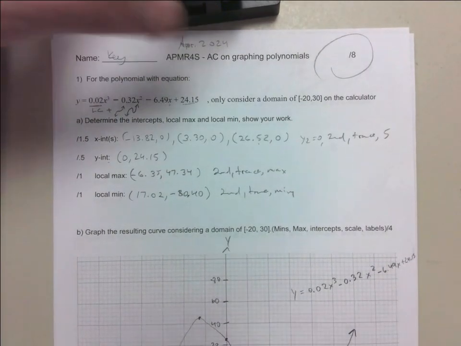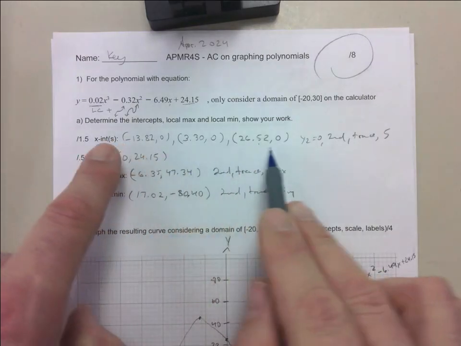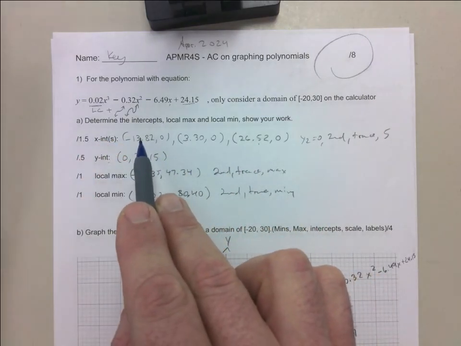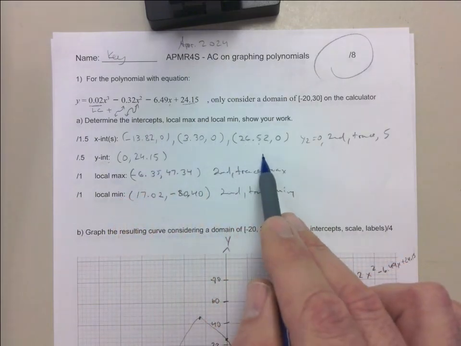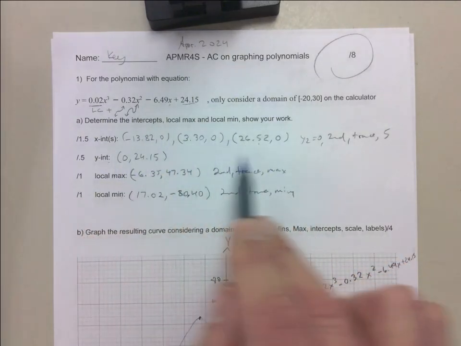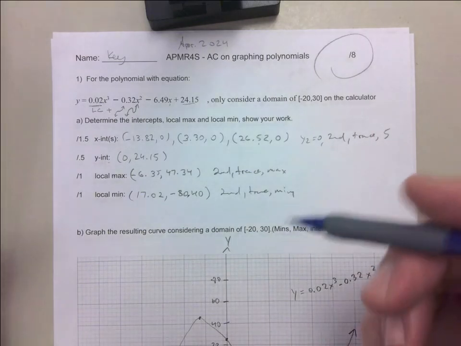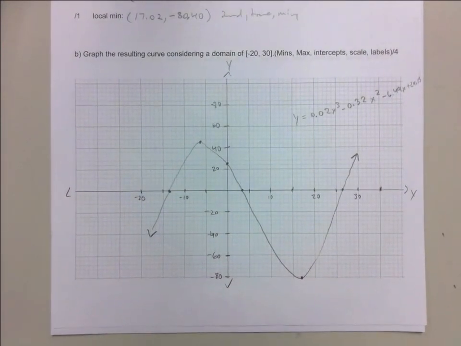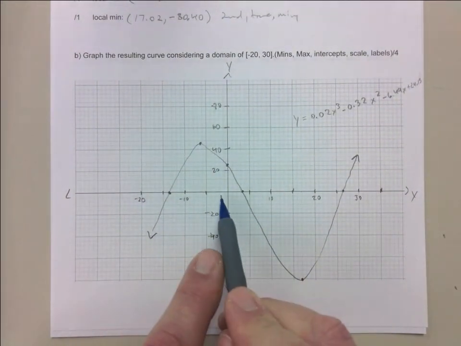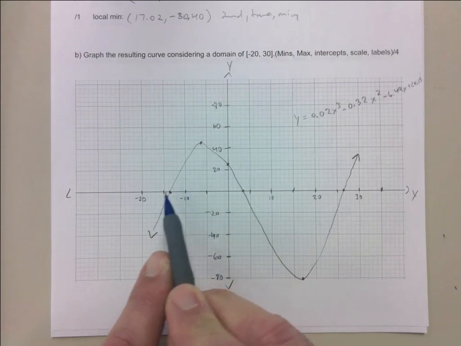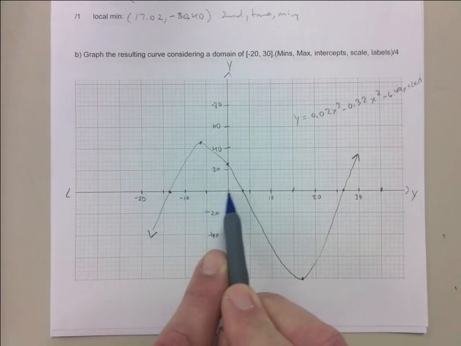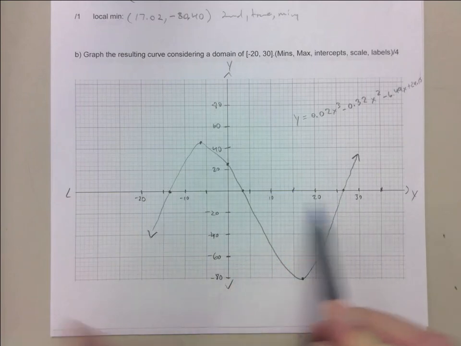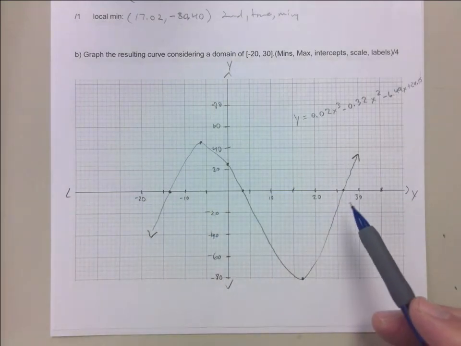Okay, so I'm looking at my x-intercepts. I'm spanning from negative 15 to positive 30, more or less. That's what I'm spanning on the x-axis. So I went to the grid that I provided, and I basically went by 5s here, and up by 5s as well, so that made it nice and spread out.